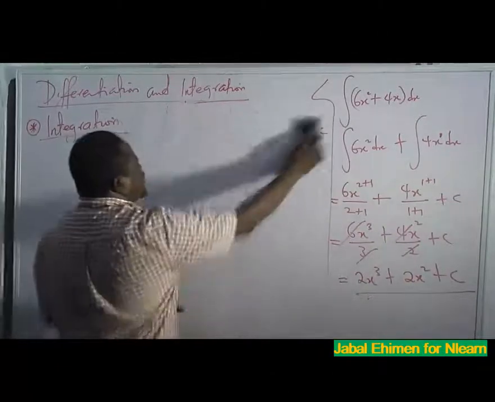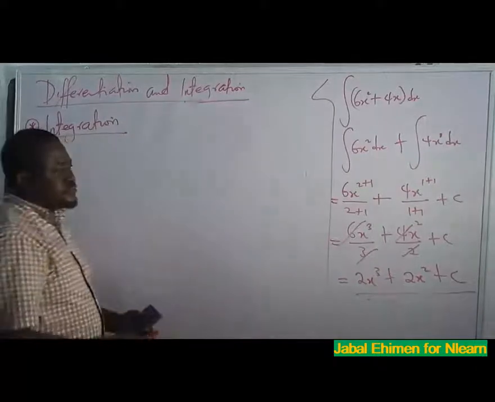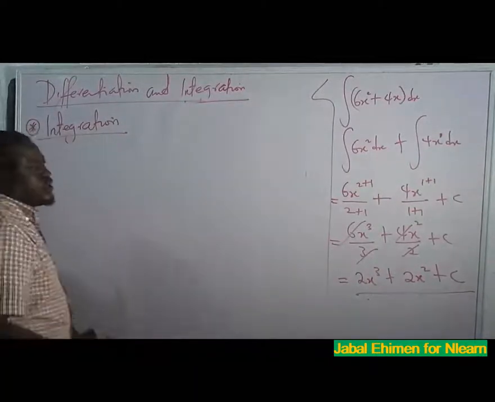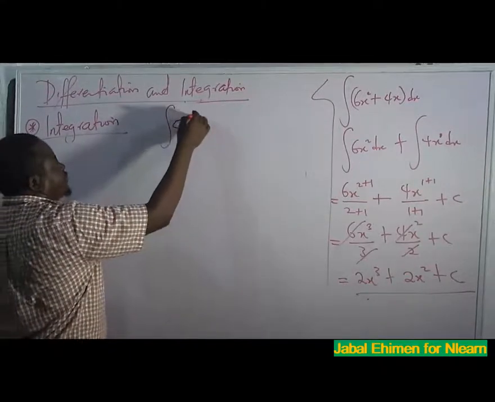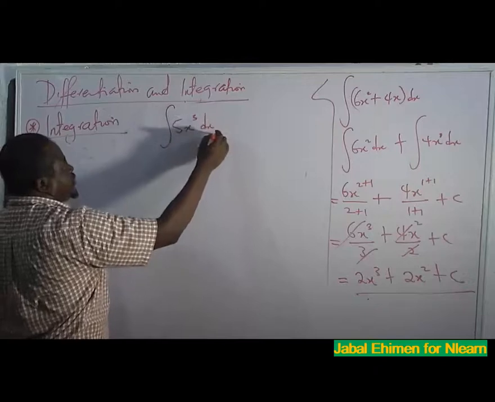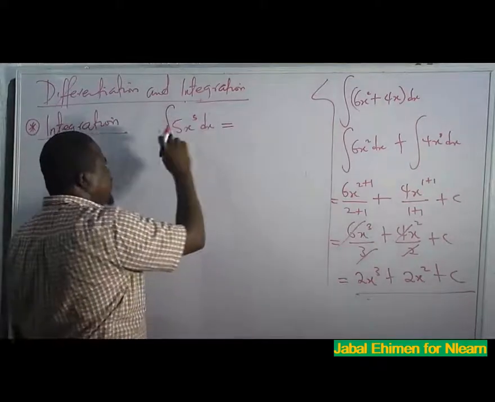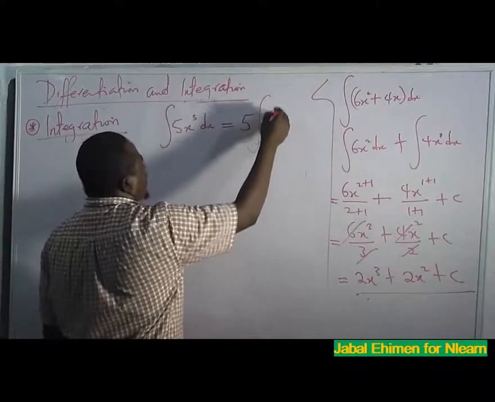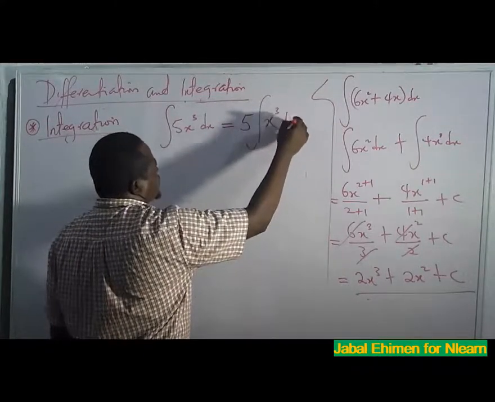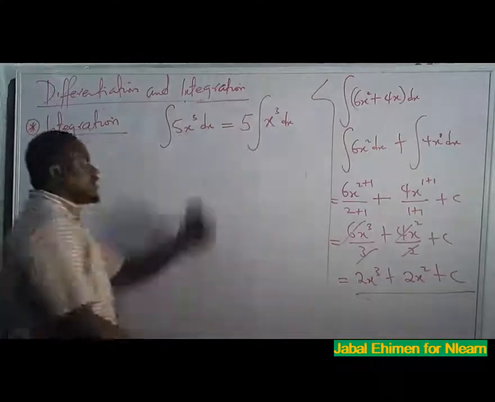And another rule of integration is that if, for example, you are integrating a value, maybe 5x raised to power 3 dx, you can bring out a constant value, which is 5, to become 5 times the integral of x cubed dx. You can do that too, meaning you bring out a constant value.